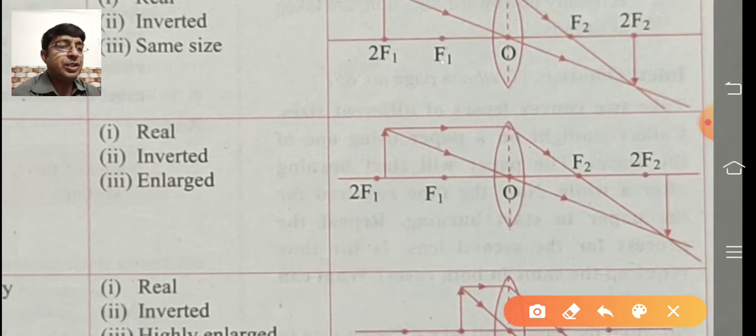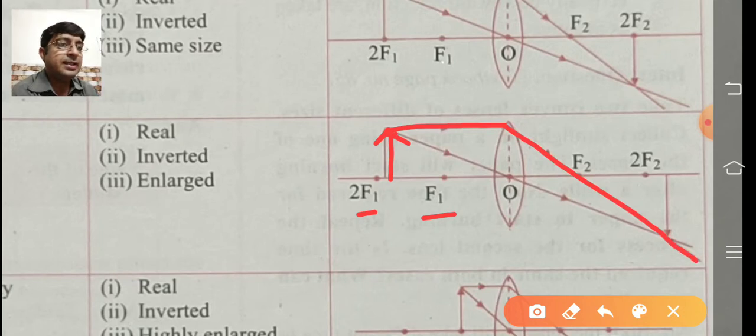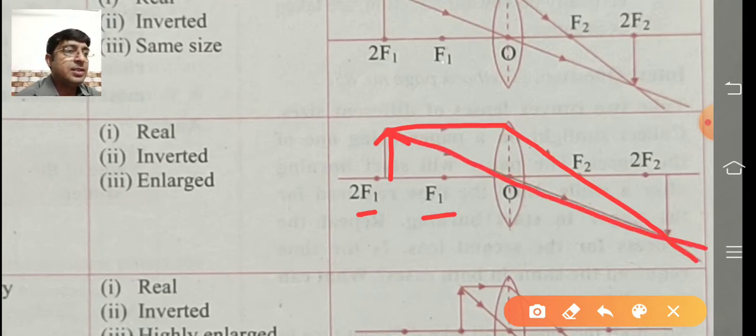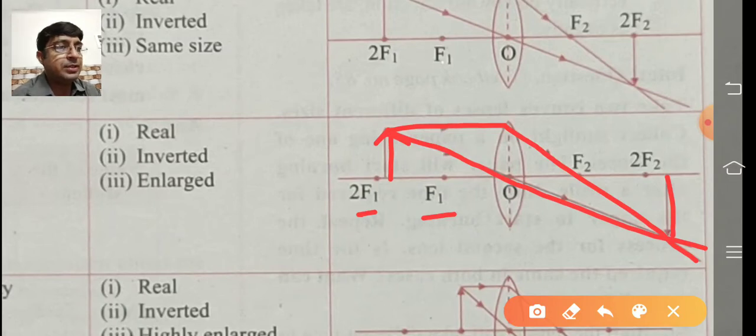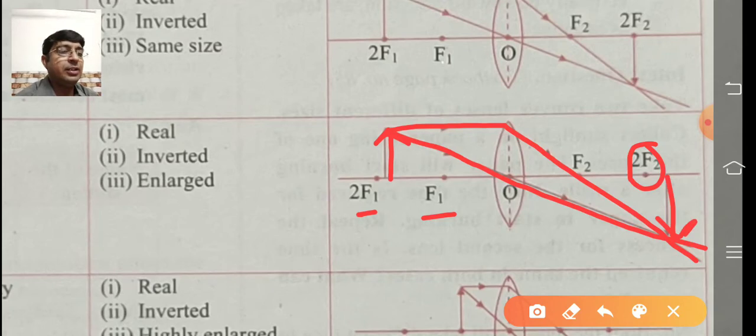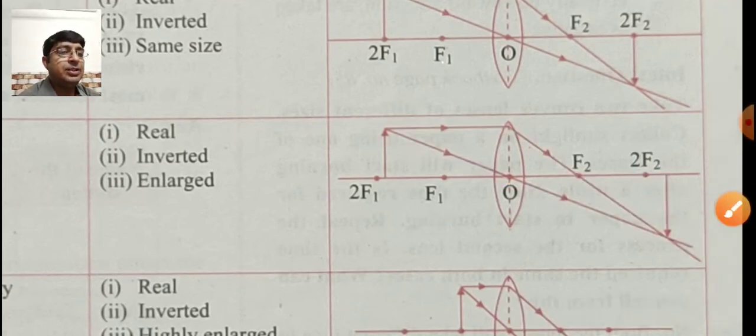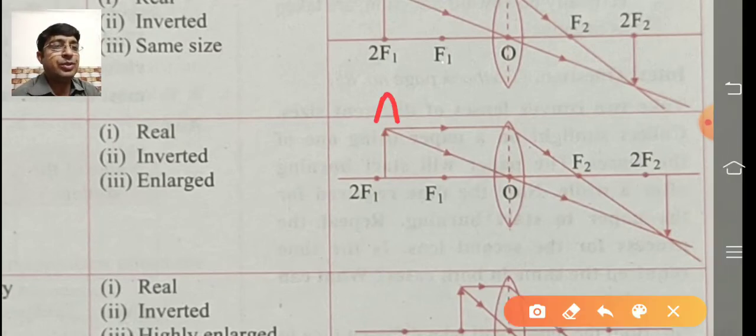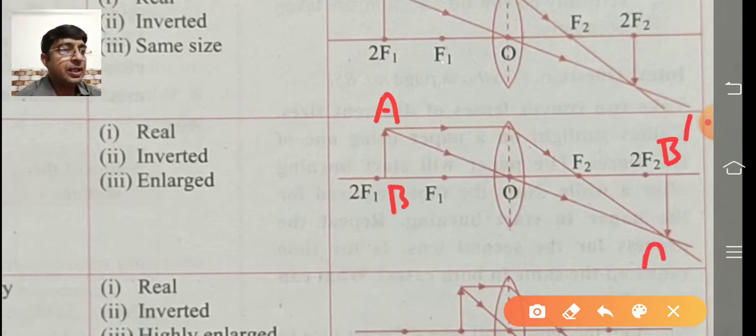When the object is between 2f1 and f1, the parallel incident ray passes through the focus, and the second ray passes through the optical center. So our image is formed beyond 2f2. It is clearly observed here that the image is larger in size as compared to the object. So give the labels here for the object, like AB, and here B dash A dash.